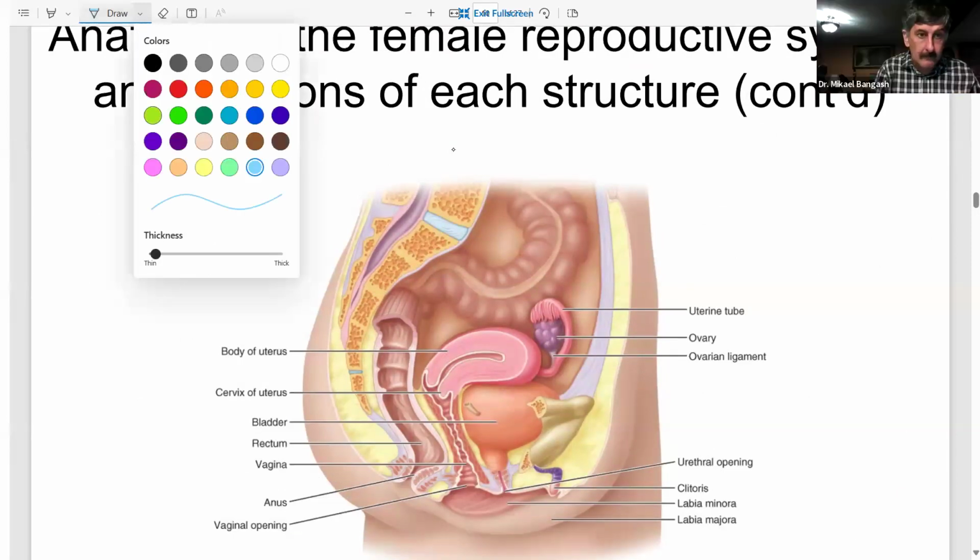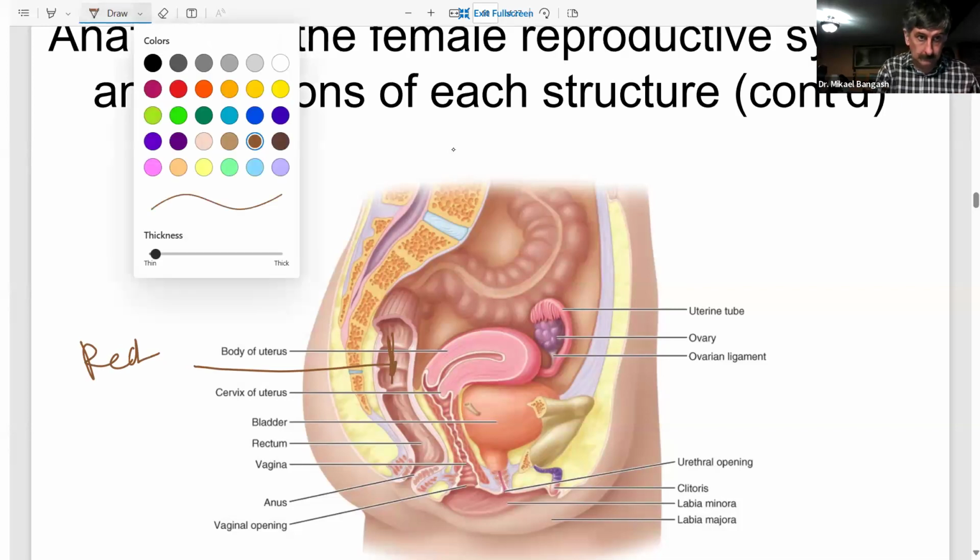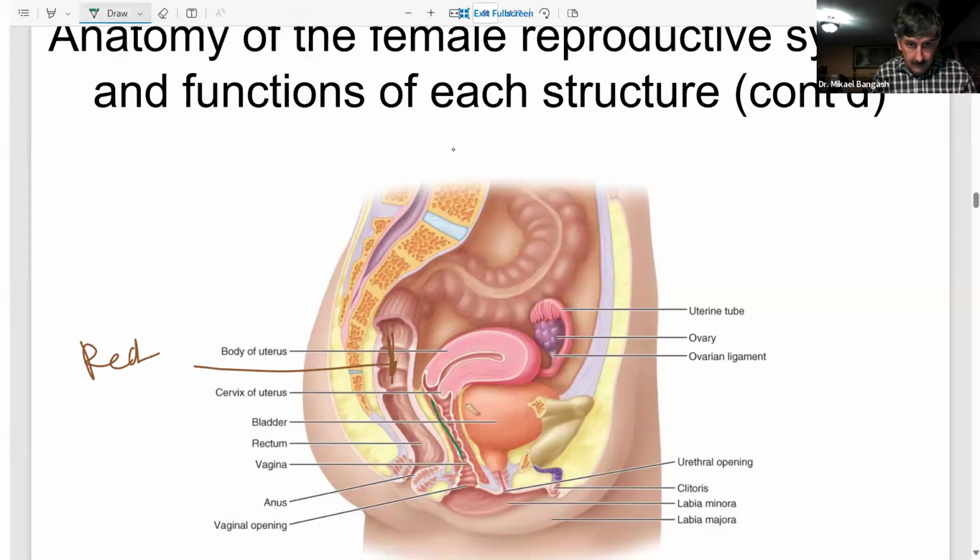Now, guys, this is the rectum. This is going to be the vagina.